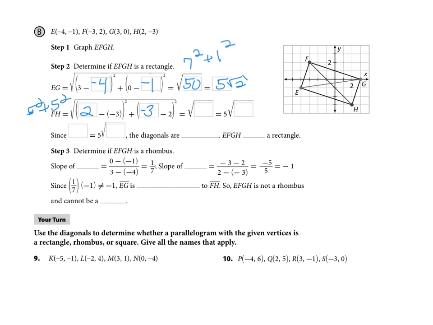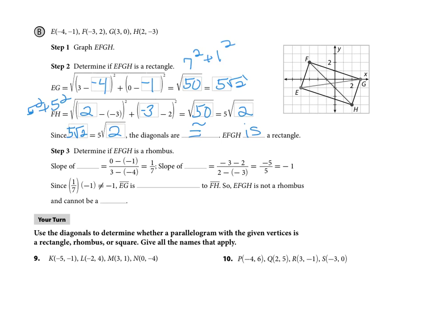Off to the side, we're going to get, again, a square root of 50, and then another 5 radical 2 for our lengths. So since 5 radical 2 is the same as 5 radical 2, the diagonals we know are congruent, and so we can say that EFGH is a rectangle. So it definitely is a rectangle because we've determined that the lengths of the diagonals are the same.